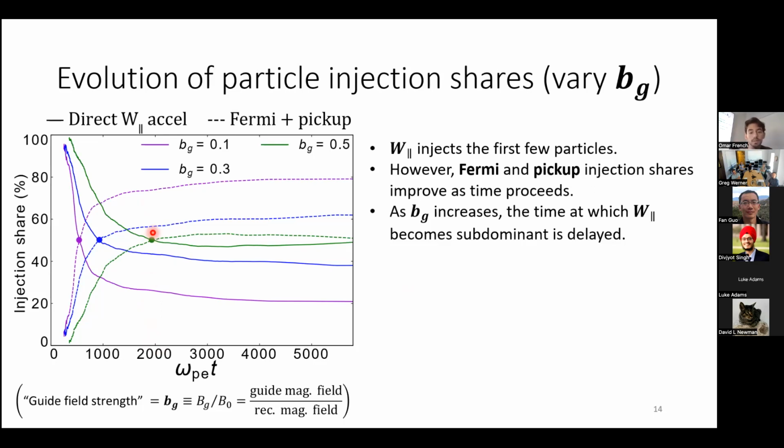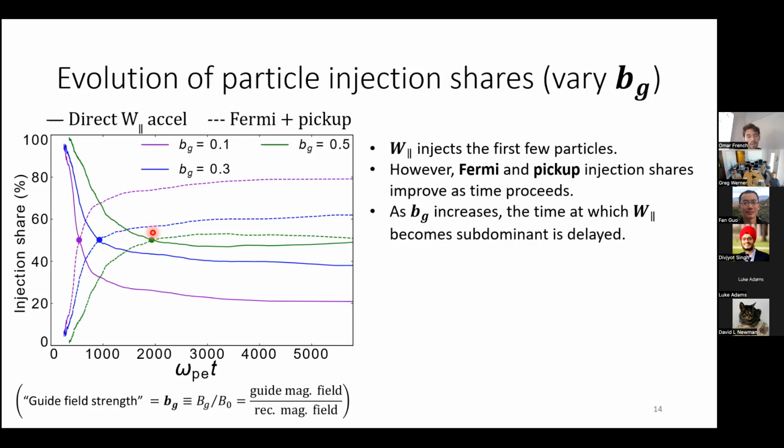So when we vary the guide field, we find something interesting. The time at which W parallel becomes subdominant is delayed. For weak guide fields, it really is a very short period of time in which parallel electric fields dominate injection.